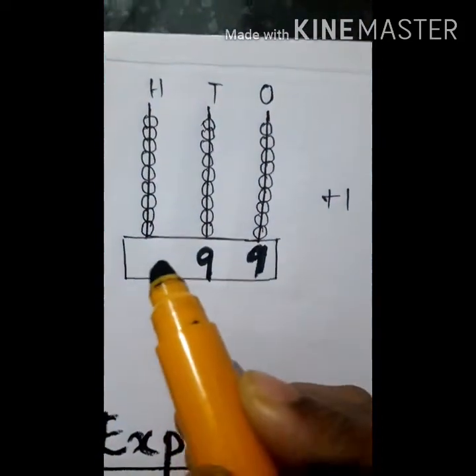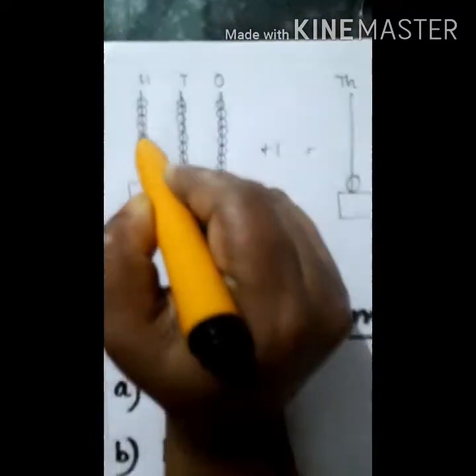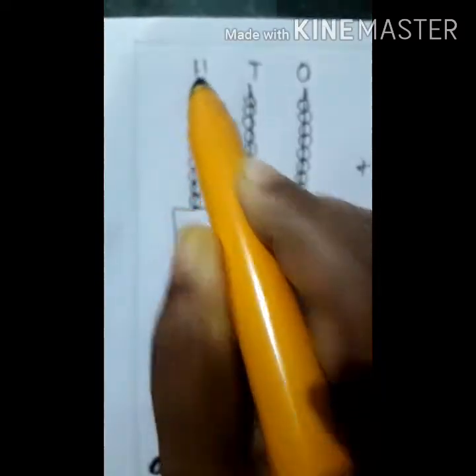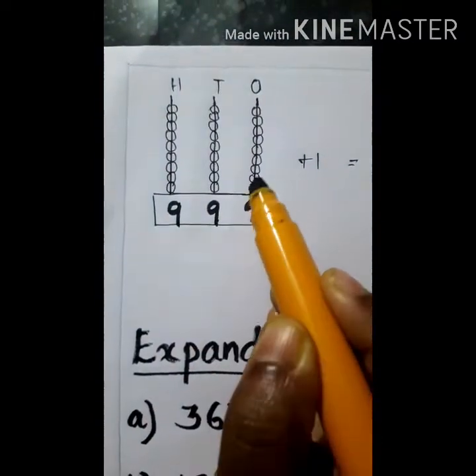Next, count the beads in hundreds place: 1, 2, 3, 4, 5, 6, 7, 8, 9. So we get the greatest 3-digit number, that is 999.